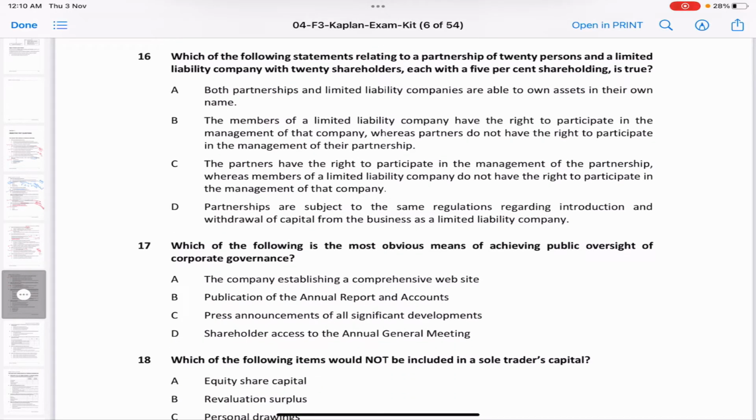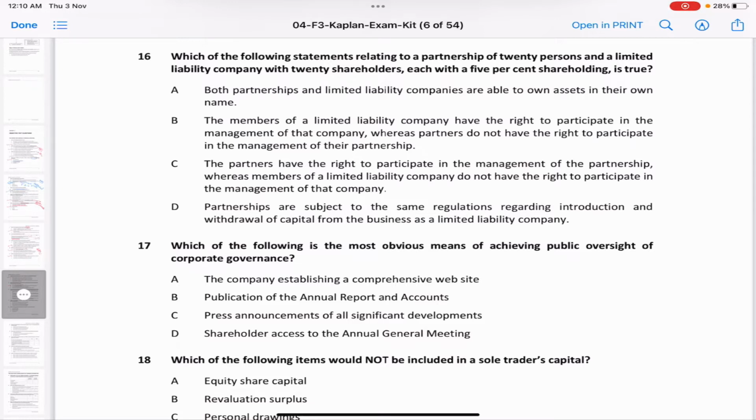Which of the following statements relating to a partnership of 20 persons and a limited liability company with 20 shareholders, each with 5% shareholding, is true? So which one is true? Both partnership and limited liability companies are able to own assets in their own name. Is that true? That is not true. Why?